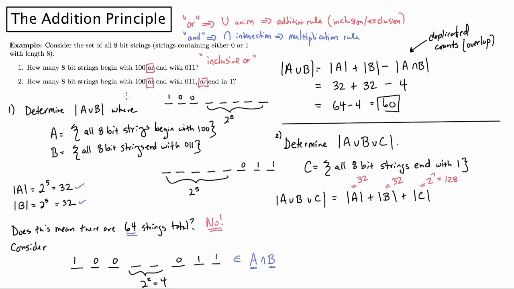So how do we deal with the overlaps? Well, the idea is I'm going to have to subtract out all of the two-way intersections. So the way I typically do this is subtract and then in parentheses here, A intersect B, A intersect C, B intersect C, the sizes of all of those. And so let's think about this for a second. A intersect B, what does that look like? Well, that would be strings that have both A and B as properties.